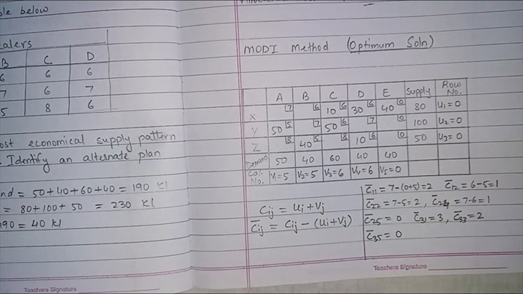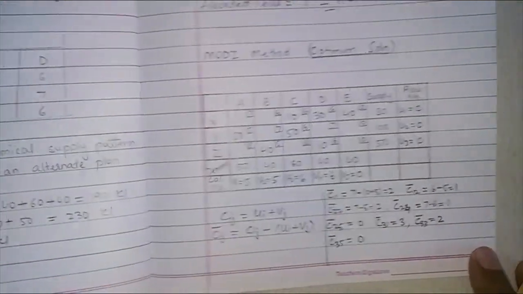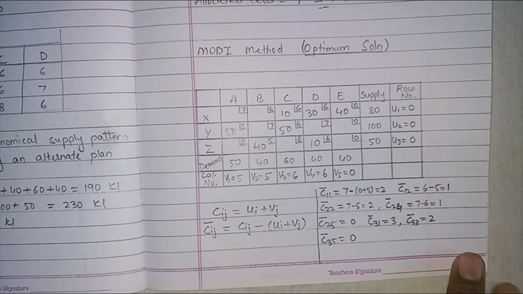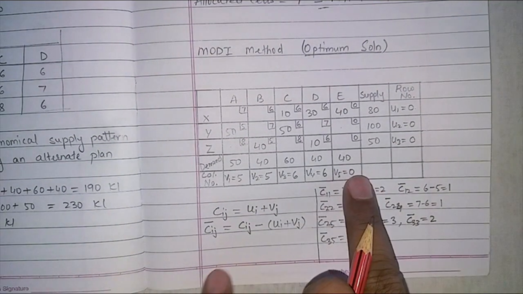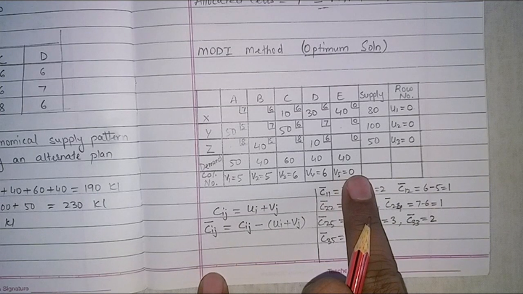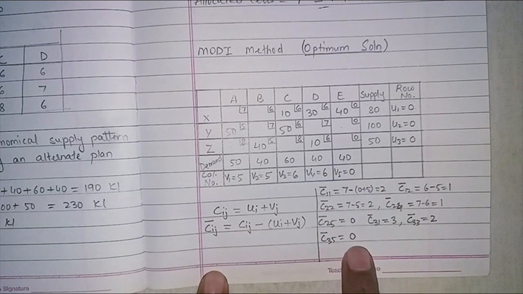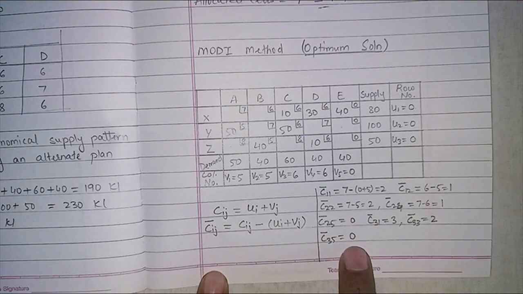Now as you can see, all the opportunity costs are non-negative. That means the initial solution which we have got is the optimum solution. But if you look at the values here, we have two such opportunity costs which are zeros. That means we have multiple solutions here.